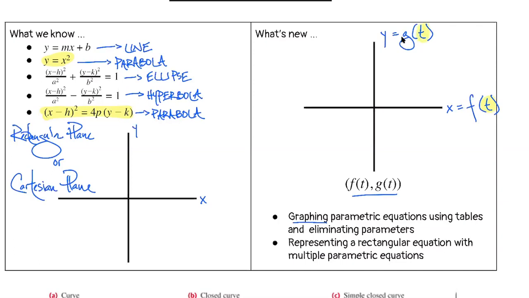A lot of times we want to think about how things move over time. And it's easier for us to describe that movement as sideways movement over time and vertical movement over time. So sideways and vertical movement over time is a great application for parametric equations.